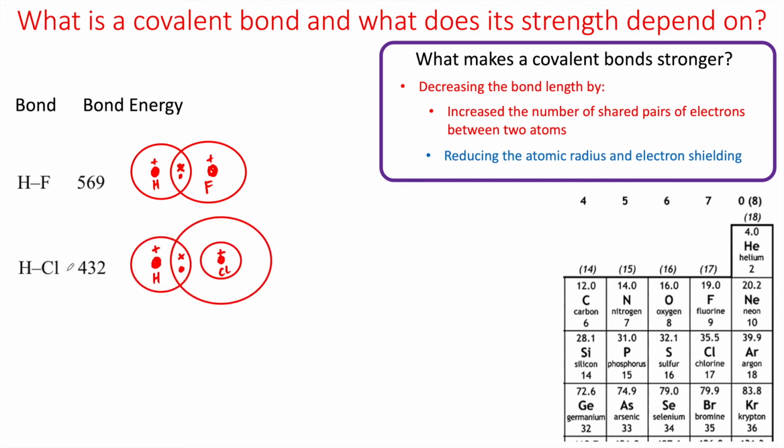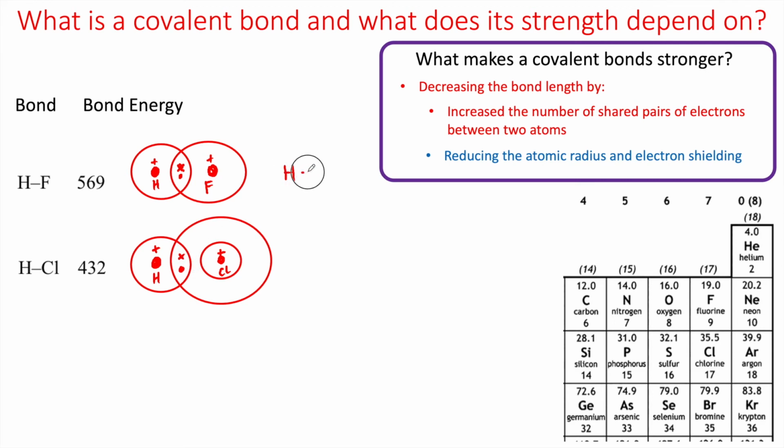When you look at hydrogen chloride, they share 1 electron each, but this time, because chlorine has an extra shell, it's got a larger atomic radius, so the nuclei are further apart, but also there's electron shielding from this inner electron orbit, and therefore that attraction to the shared pair of electrons is less.